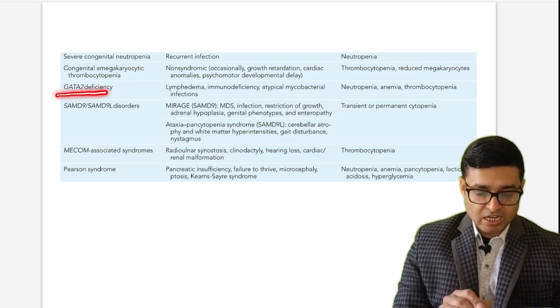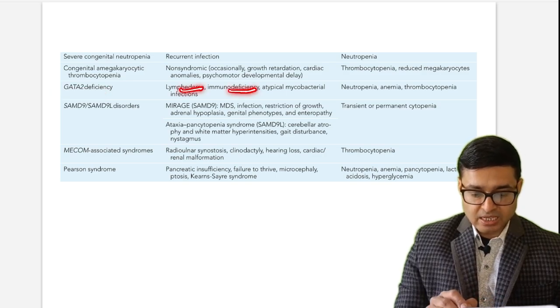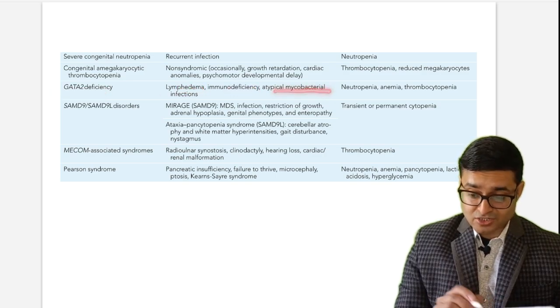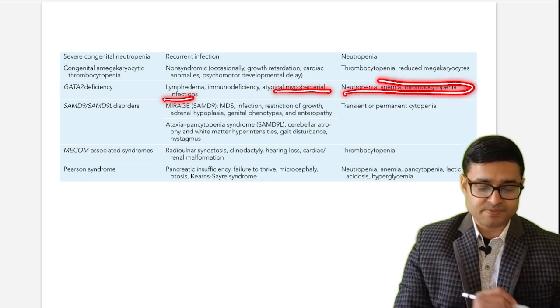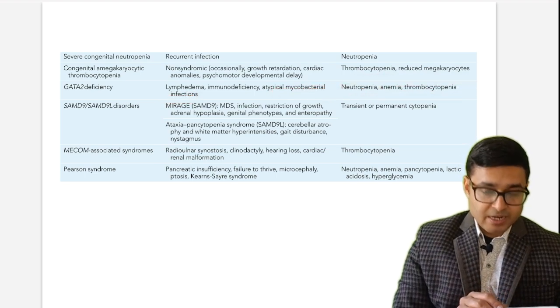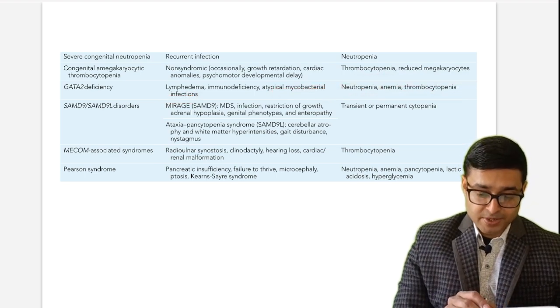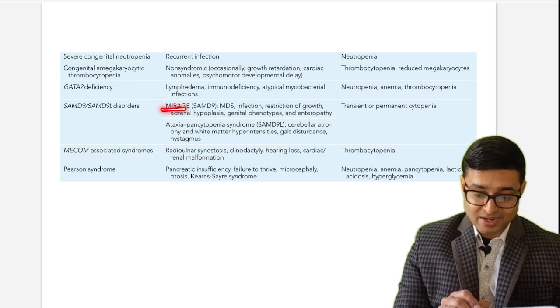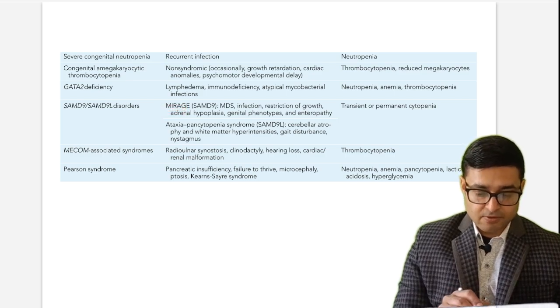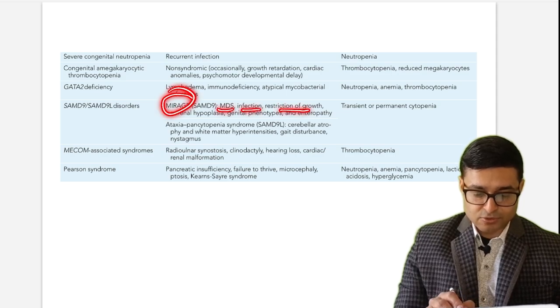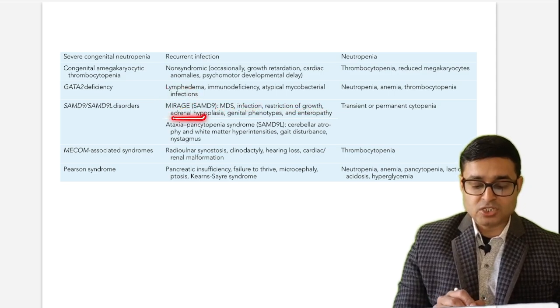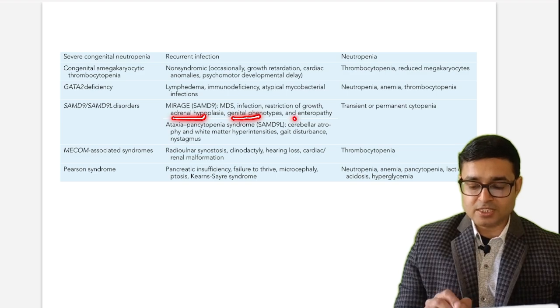GATA2 deficiency: lymphedema, immunodeficiency, atypical mycobacterial infection, neutropenia, anemia, and thrombocytopenia. SAMD9 or SAMD9L disorder: MIRAGE syndrome, which has been asked previously. What is the full form? Myelodysplasia, infection, restriction of growth, adrenal hypoplasia, genital phenotype, and enteropathy.